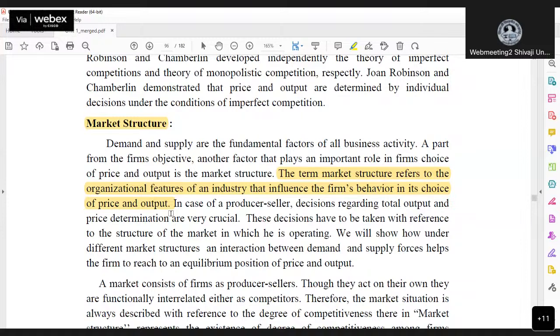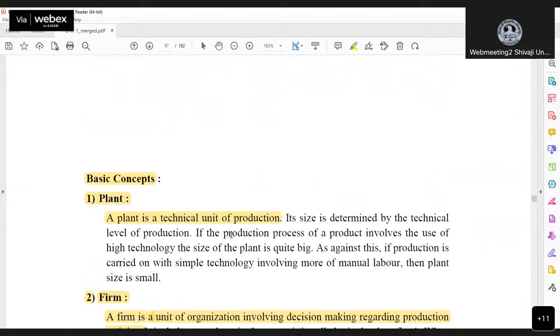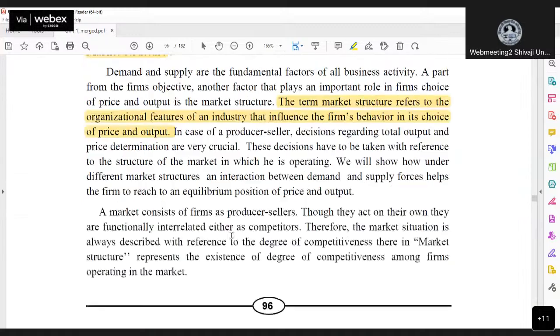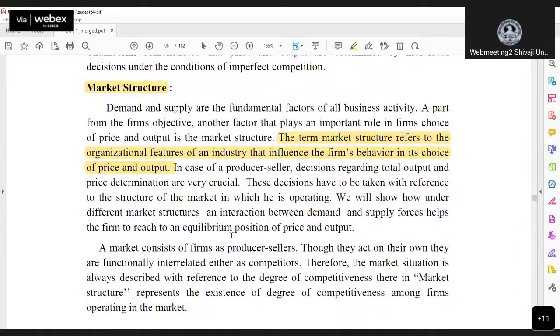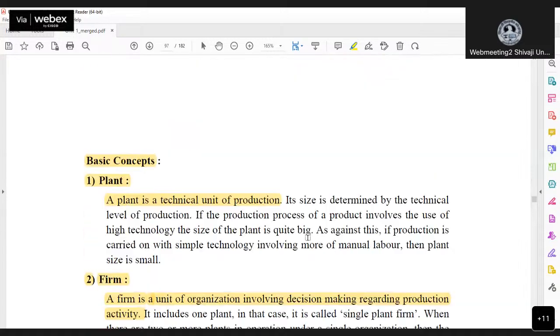These can be termed market structure. Go through it thoroughly and you will realize what is exactly meant by market structure.